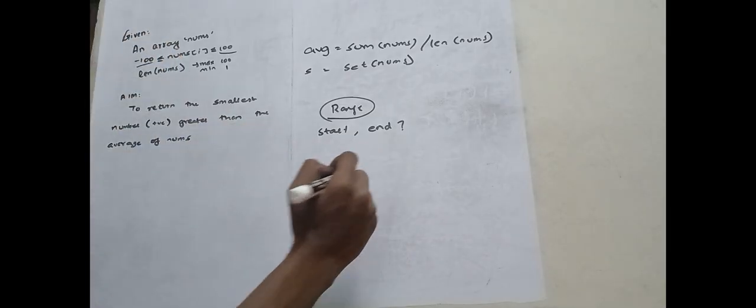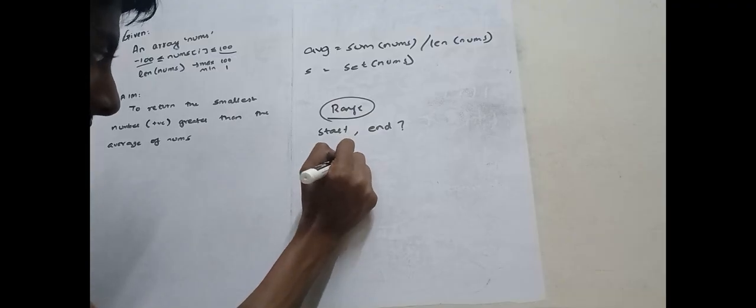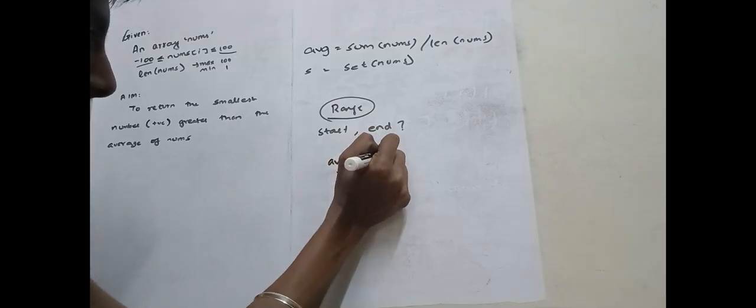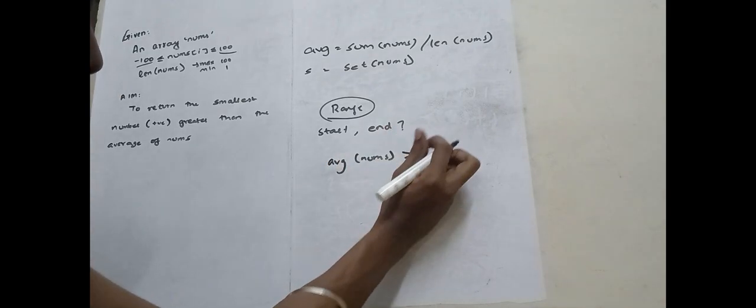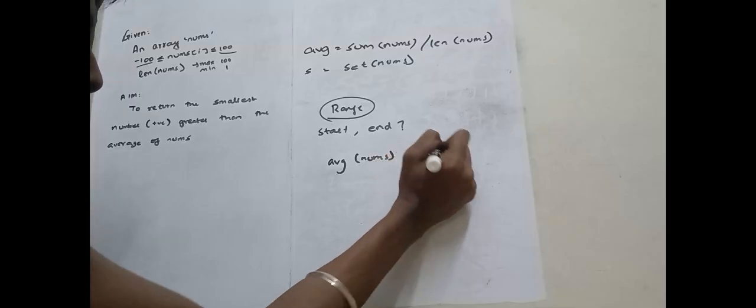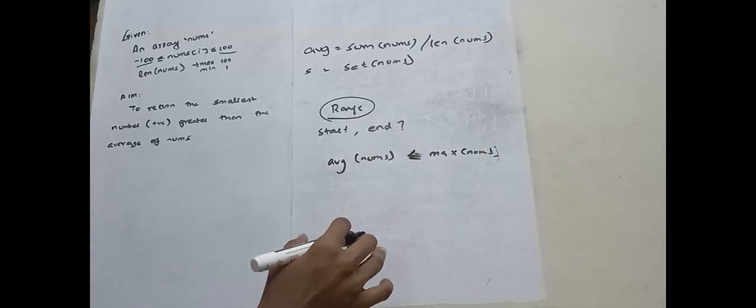Yes, we can. How can we do that? Mathematically, for finding an average of a set of nums, it's always going to be lesser than or equal to the maximum of nums, because when you take the average of a sum of elements inside nums, it's going to decrease the value.